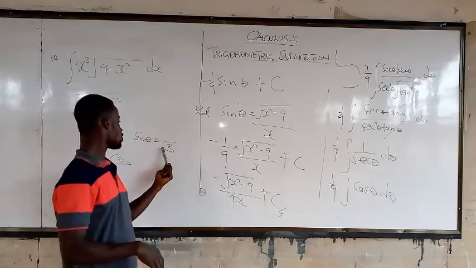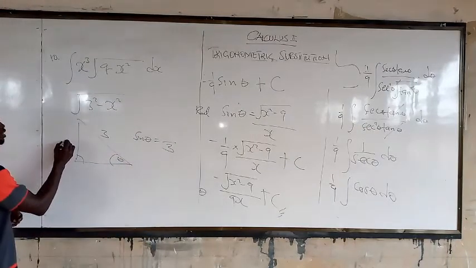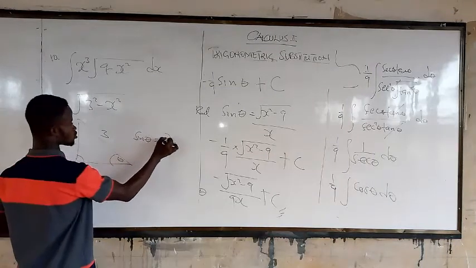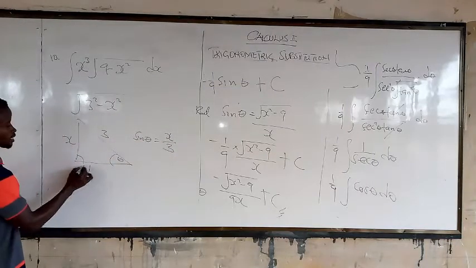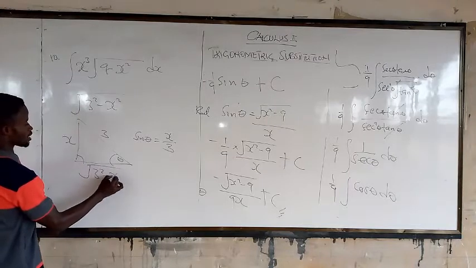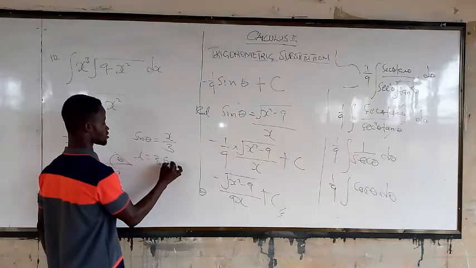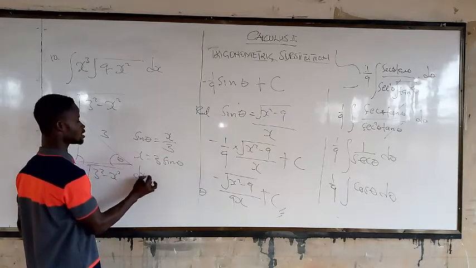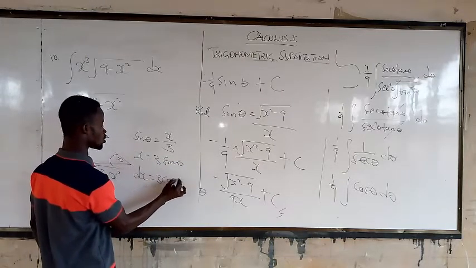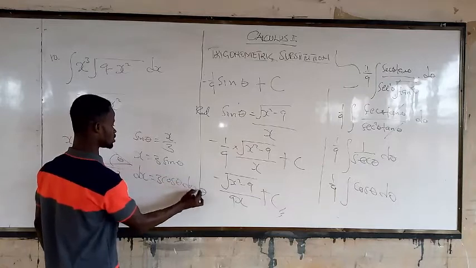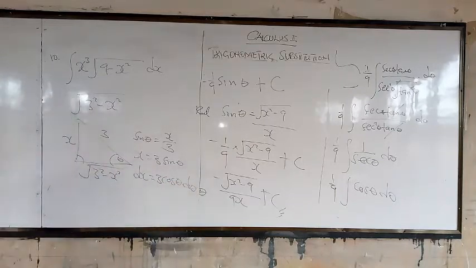Y over r. So the y will be x, s here. Then this one will be 3 squared minus s squared. So we get s equal to 3 sine theta. So ds is equal to 3 cos theta d theta. So let's go and do substitution.